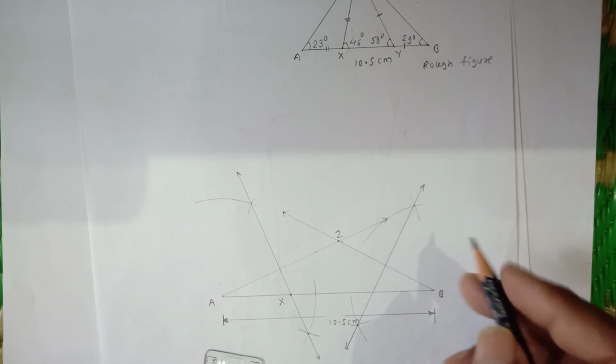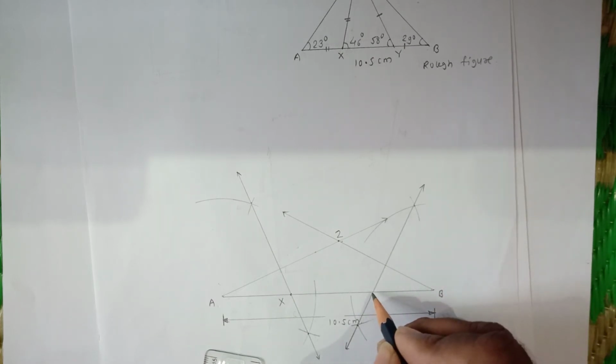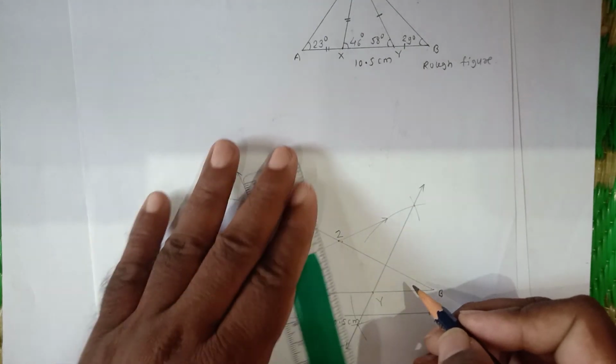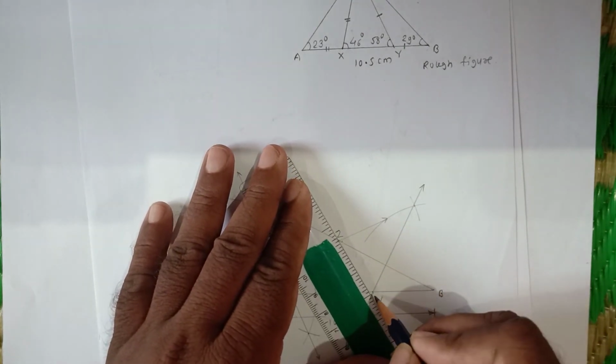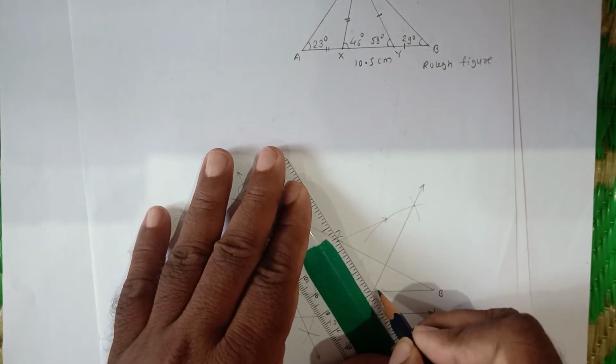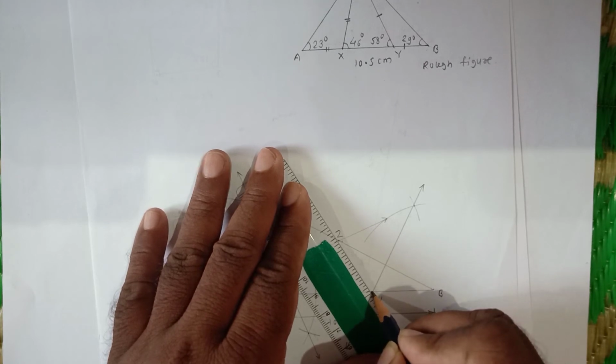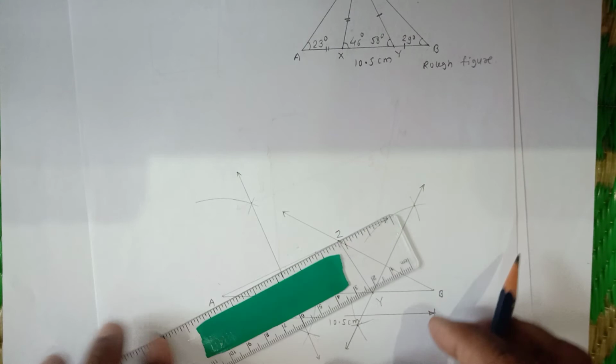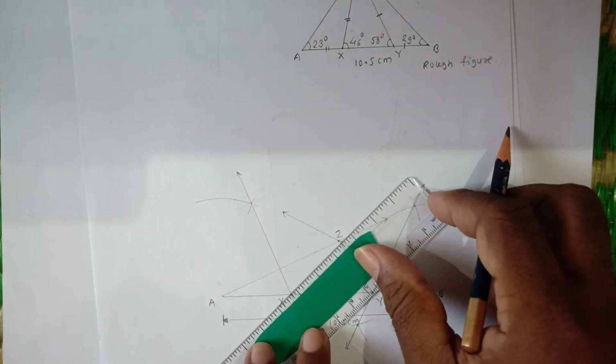Let this perpendicular bisector of BZ meet AB at point Y. Now join ZY and also ZX.